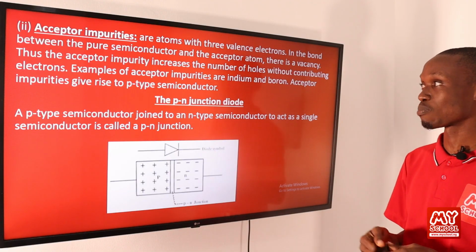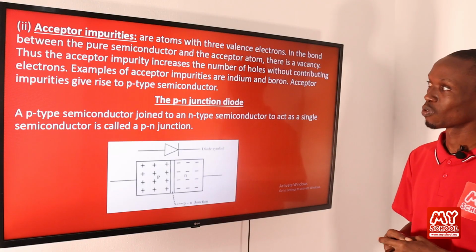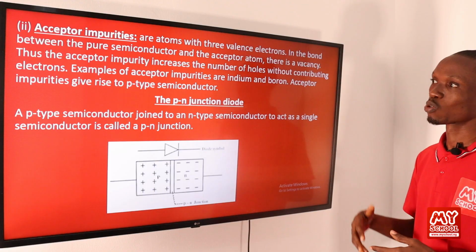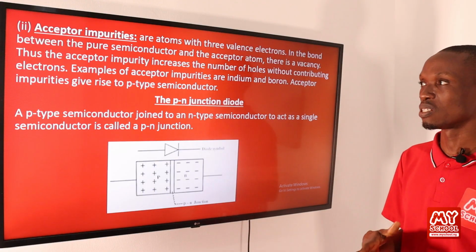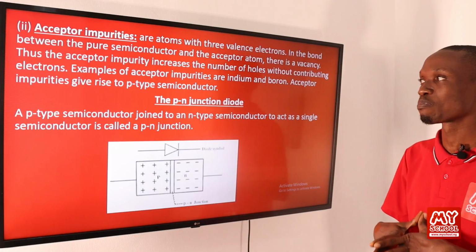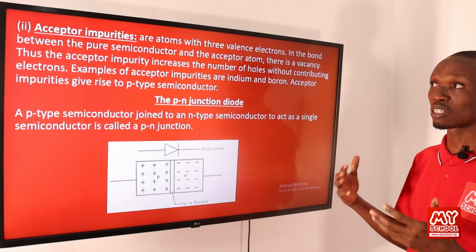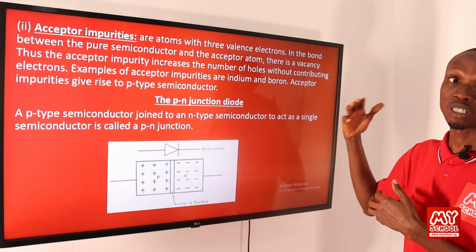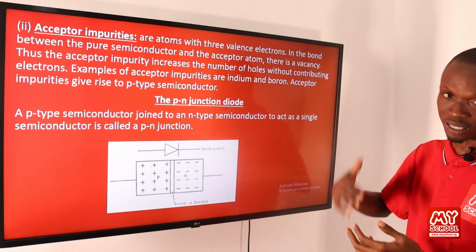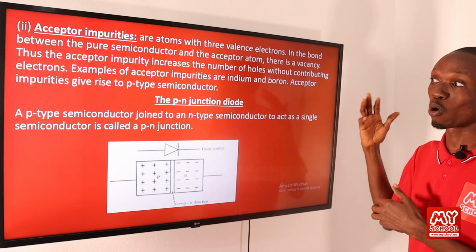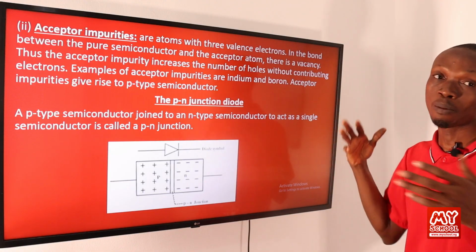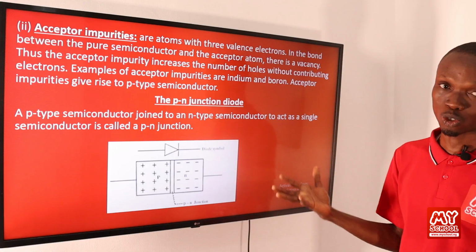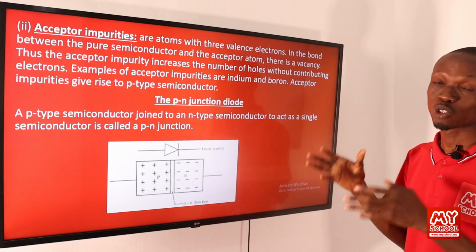Examples of acceptor impurities are indium, spelled I-N-D-I-U-M, and boron. Acceptor impurities give rise to P-type semiconductors, and the reason is that they have 1 electron on their atomic shell less than that of the semiconductor material. So after the covalent bond, there will be a vacancy for 1 electron, which is not there, and that gives rise to a hole.